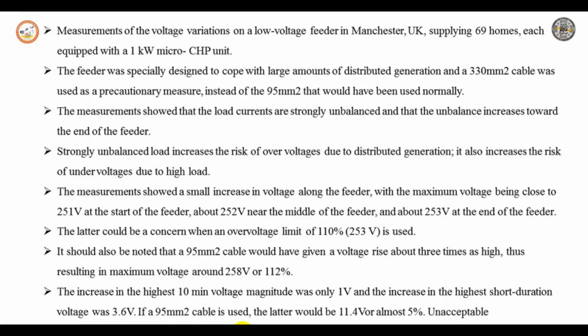This is carried out in Dublin, Ireland, where the network consists of a number of feeders: 3.1 kilometers for 3 phase and 2.3 kilometers for single phase. Both are copper cables.